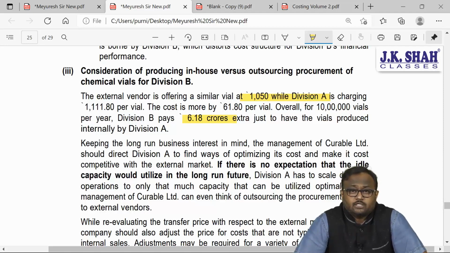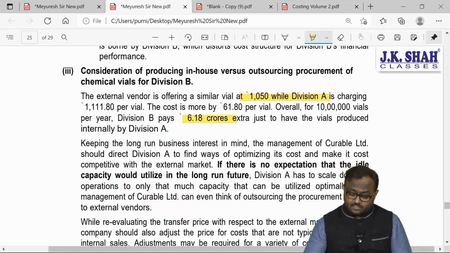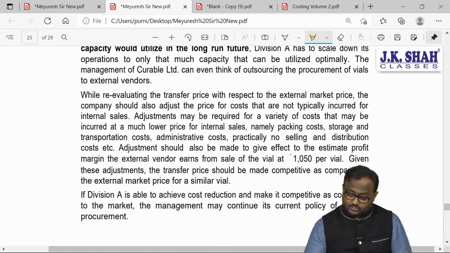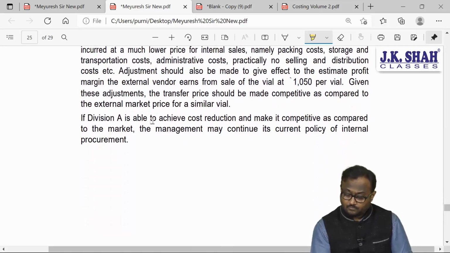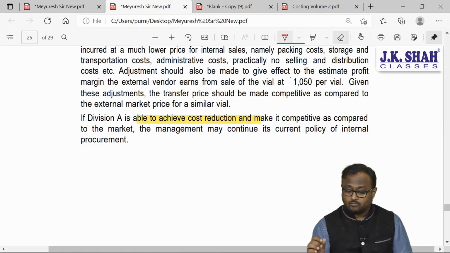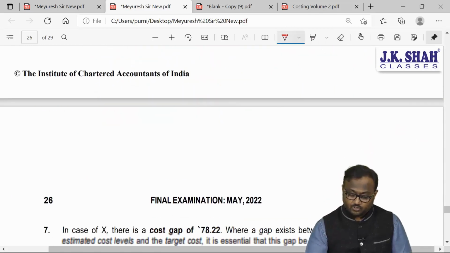So 15 lakh units which were transferred to B will no longer be produced and there will be additional idle capacity which will be unutilized. So there is a wastage of resources. So try to go for cost reduction technique, bring down your cost, and then accordingly you revise your transfer price to be charged to the customer.